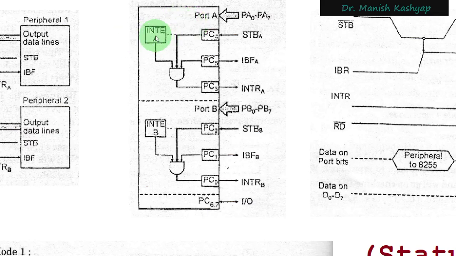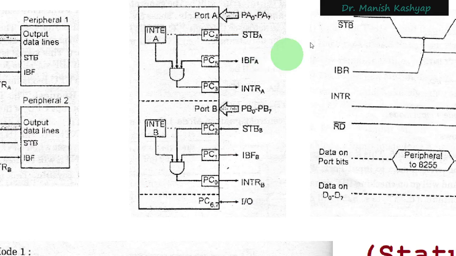So if all of these three things are 1, then through the third bit of port C, it will generate an interrupt signal, and this interrupt signal will be sent to the microprocessor. To begin with, the externally interfaced peripheral at port A wished to transfer some data, so it has given that data to port A. Then 8255 has acknowledged that I have your data.